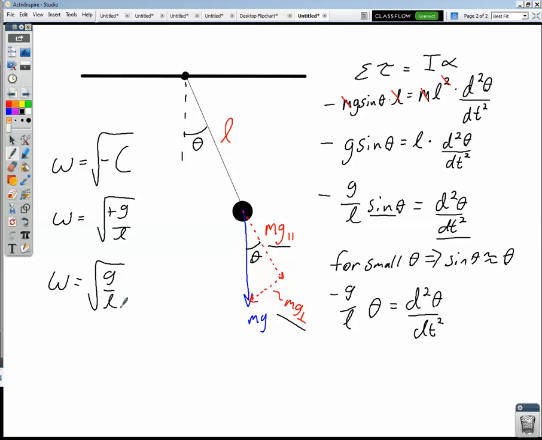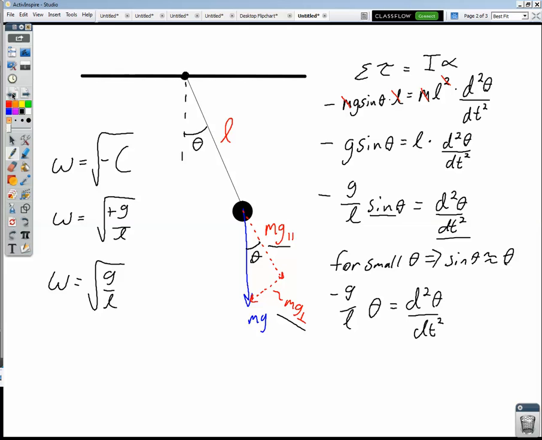Okay, so we can plug that into our other harmonic motion equations, and we can come up with equations for the position, the x position and the y position with respect to time. But in general, we're really just looking at how the period and the frequency of oscillation depend on g and L for the pendulum.